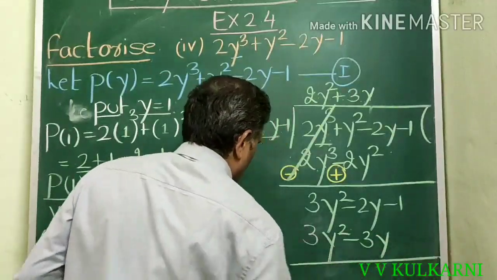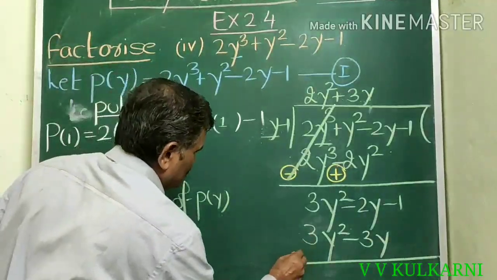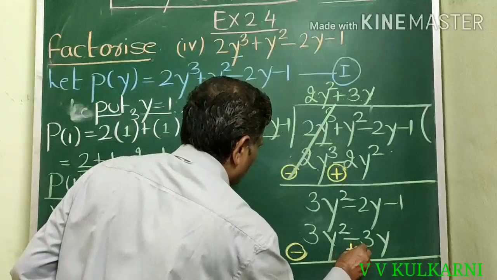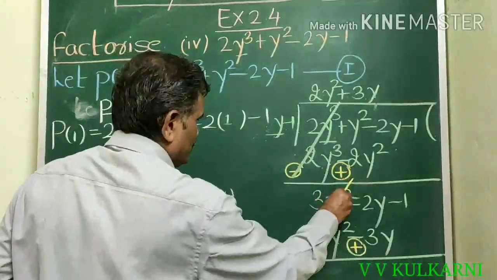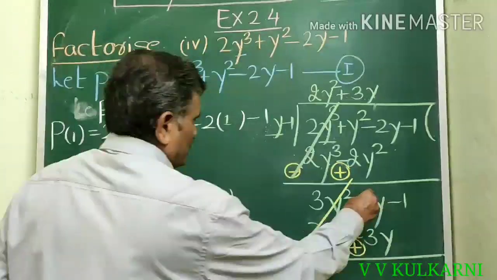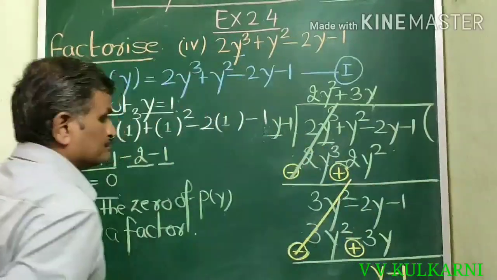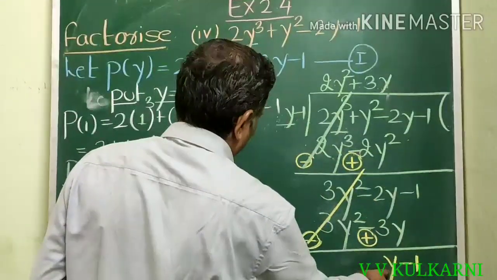So again I have to change the sign. So here plus sign is there, so I will change it to minus sign. Again minus sign is there, so I will change it to plus sign. Then common terms with positive and negative sign will get cancelled. So minus 2y plus 3y will be equal to y minus 1. Now same thing is there. See, y minus 1 is here, y minus 1 is here.